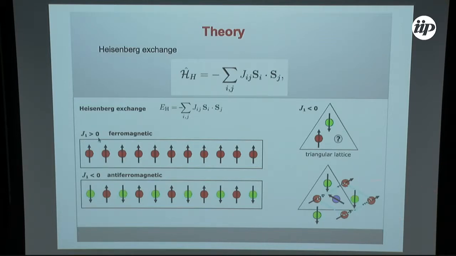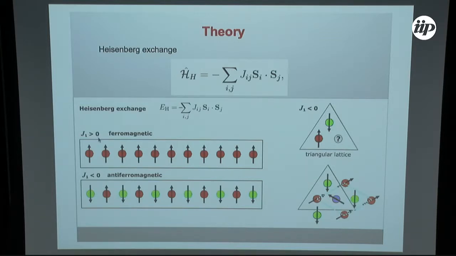And if you are on a frustrated lattice, like the triangular lattice I will discuss later, then you have the well-known so-called frustration, which means essentially that the system cannot simply satisfy all bonds maximally, but they have to organize in some way. So this is the famous so-called Mercedes-Benz structure for the spins in the triangular lattice.